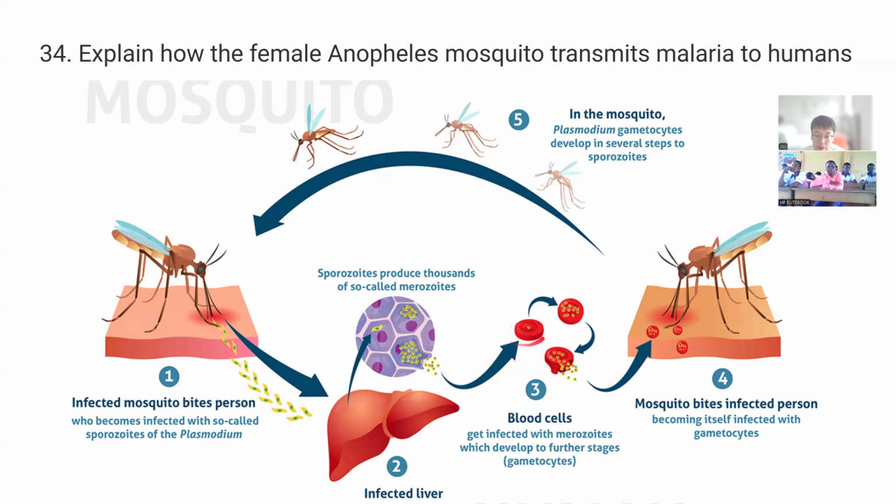It enters our bloodstream, and it infects the red blood cells as well. Again, it also causes the red blood cells to rupture, and this is where the symptoms begin to show. After it has been dormant for a while, the symptoms start to show when it enters our bloodstream.